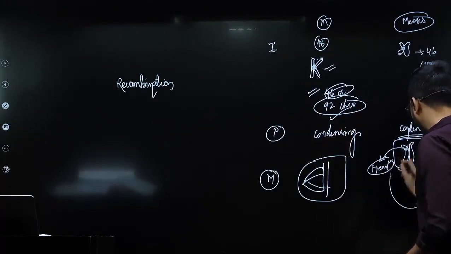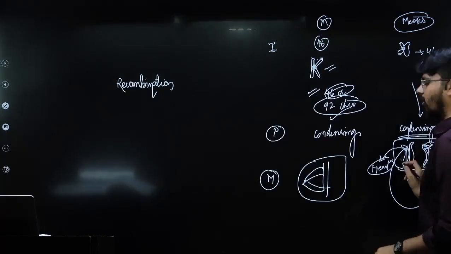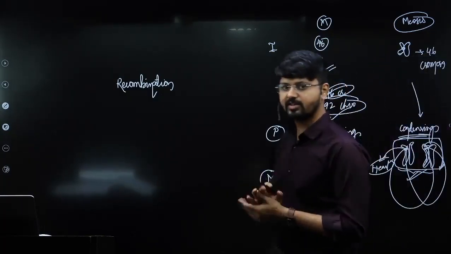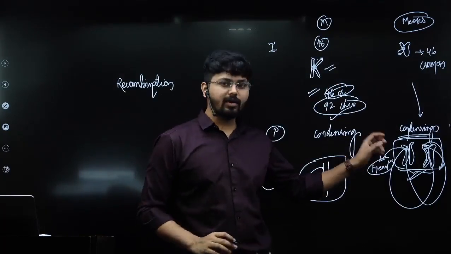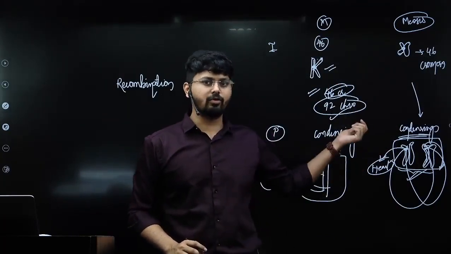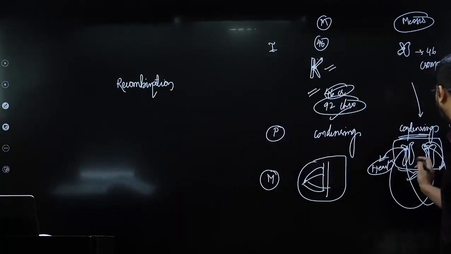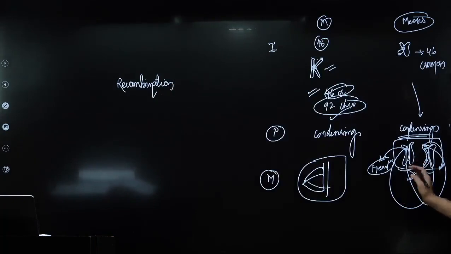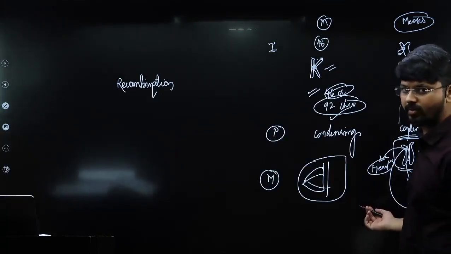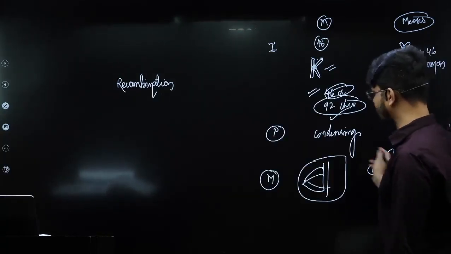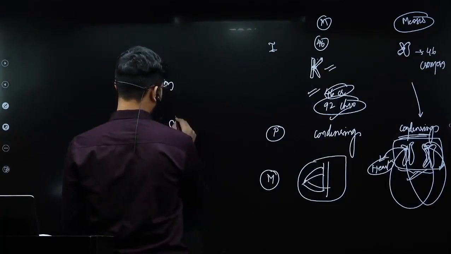This may go to here or this may go to here, but it will go to the same position where the original gene was present. In this way, exchange of genetic information happens. This is known as crossing over, recombination, or chiasmata.